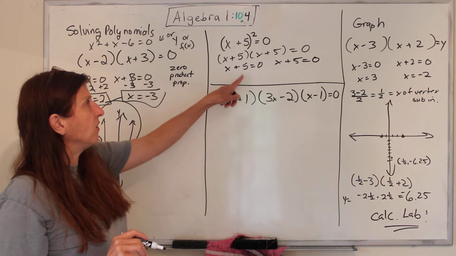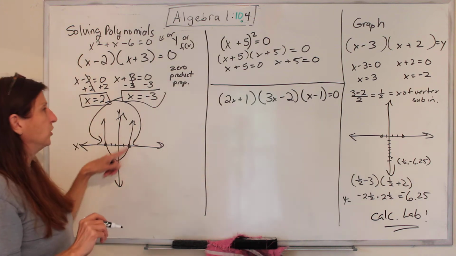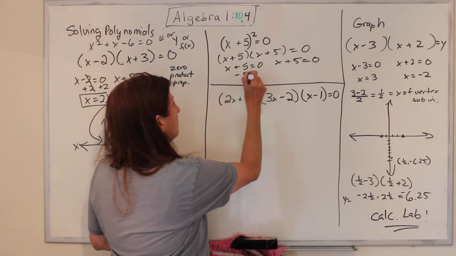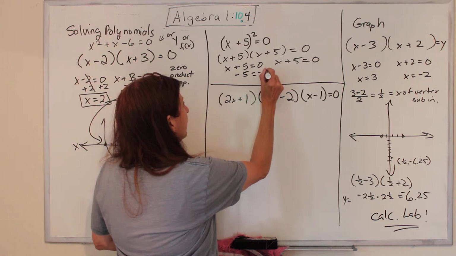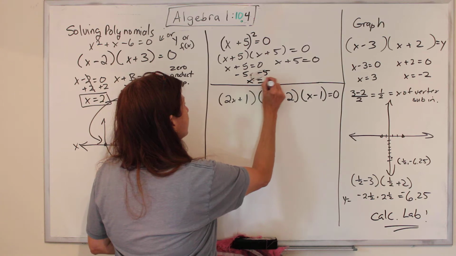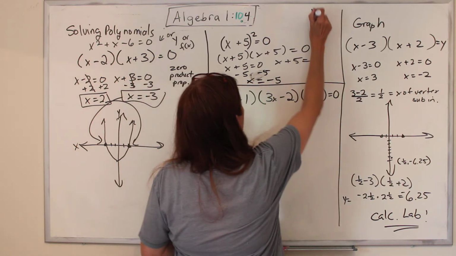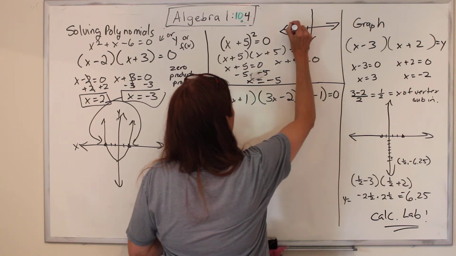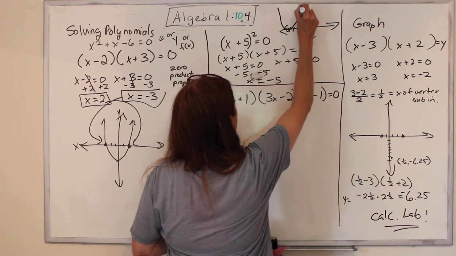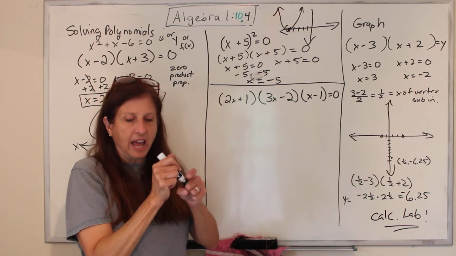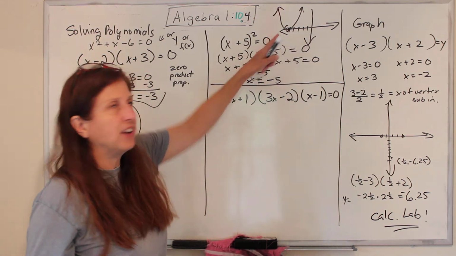So it turns out this one, instead of crossing in two places, it's only touching in one place. And that place is x equals negative 5. So if we could see this graph, 1, 2, 3, 4, 5, there's a parabola sitting right there, touching just in one place at x equals minus 5. Okay?